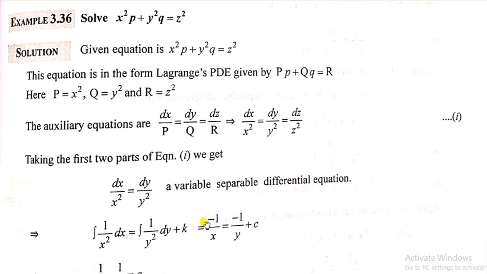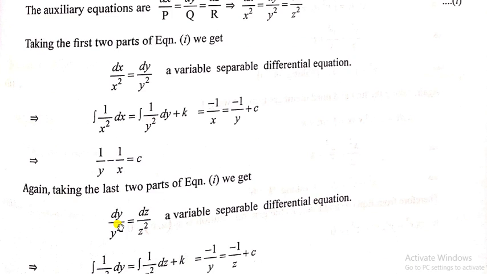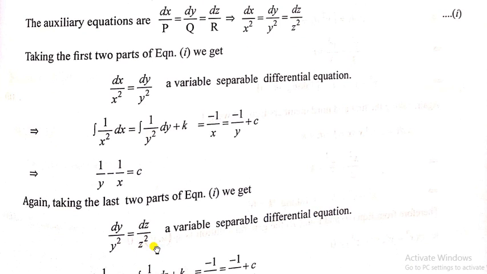Shift minus 1 by x to the left hand side, which gives the solution 1 by y minus 1 by x equal to c. This is the first solution. Next we use the second and third term. So dy by y square is equal to dz by z square.